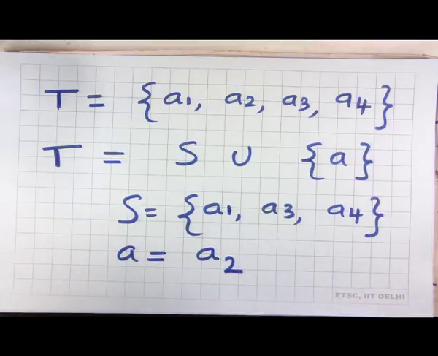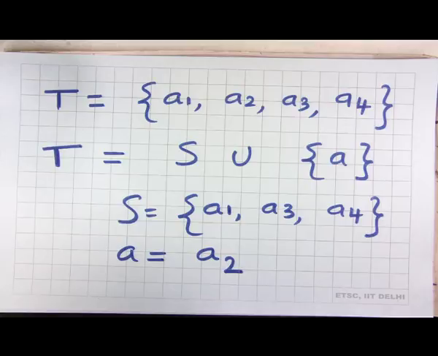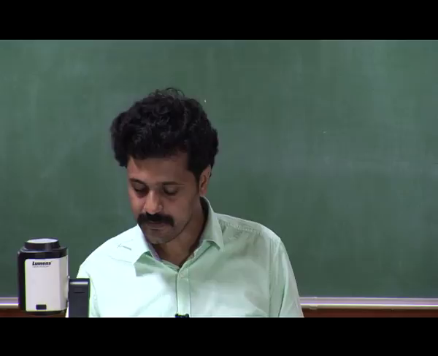Now, what was my claim? If you want to list every subset of T, then it is enough to list every subset of S, and then along with each subset augment A2. Let us see that. Now, what are all the possible subsets of T?